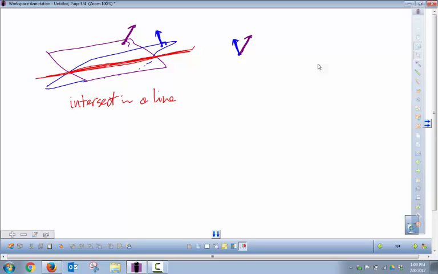Let's find that. So you got two vectors, right? Now, you guys all have notebooks and books. Tilt a page of your notebook a little bit and put a normal vector on each of those planes.